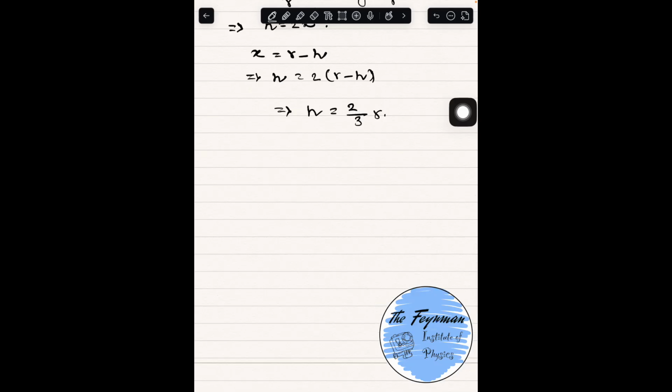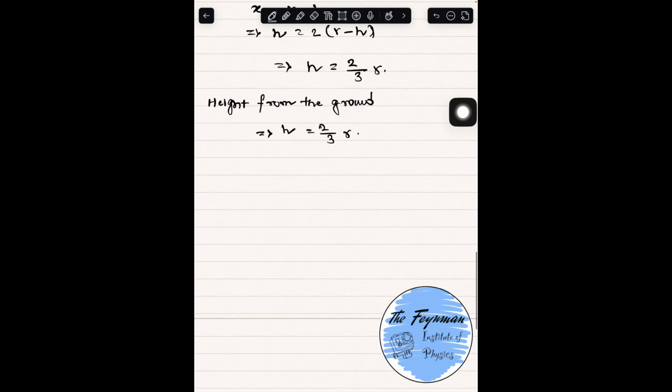So now we can determine the height from the ground where it will get detached. It will be h is equal to 2 by 3 r, or 5 into 2 by 3, that means 3.33 meter.